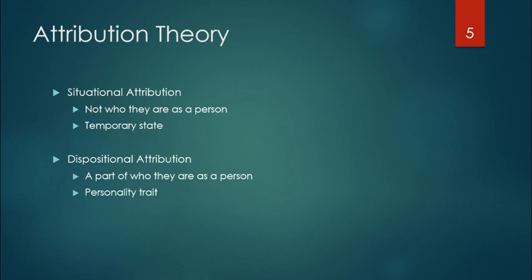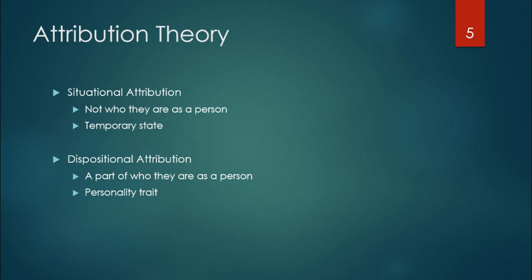That's just how they acted in that particular circumstance. That is a temporary state. They are not like that in every single situation. So let's say they were a jerk. Maybe you would explain that by saying, well, they were just a jerk because they were really stressed out that day. That's a temporary state. They're not always a jerk.